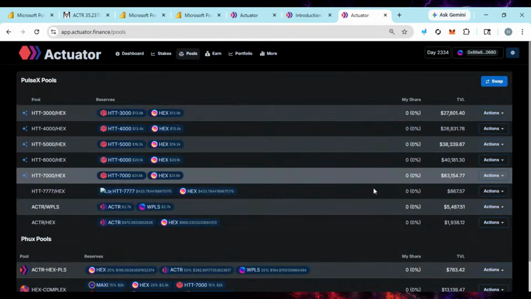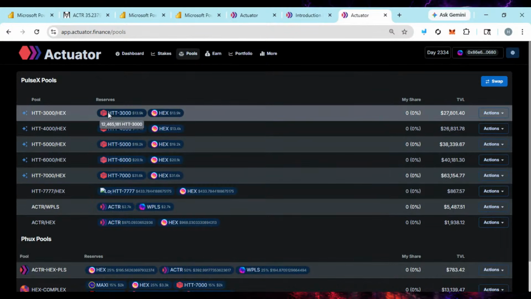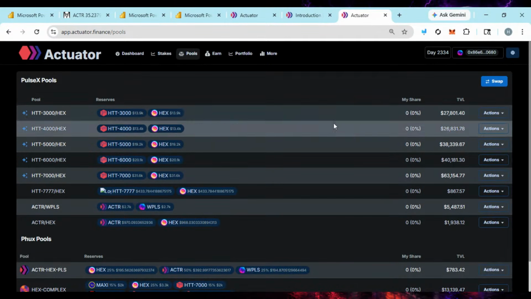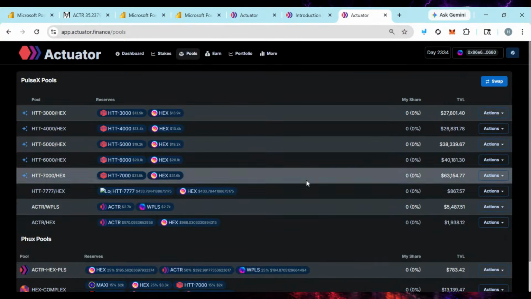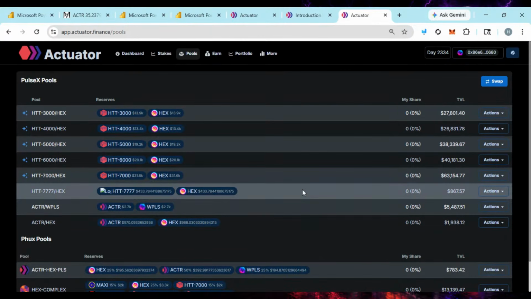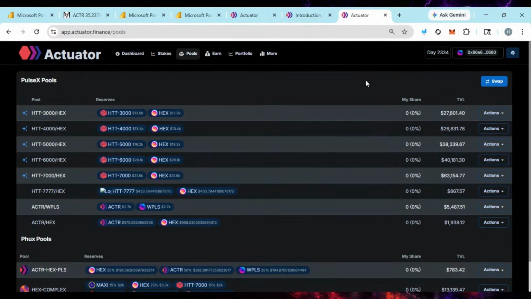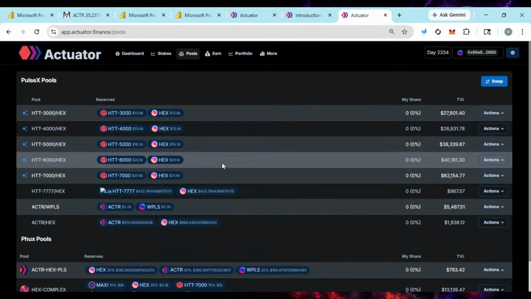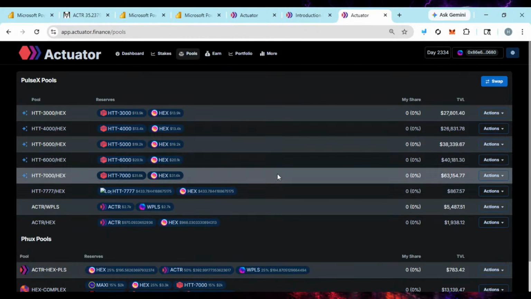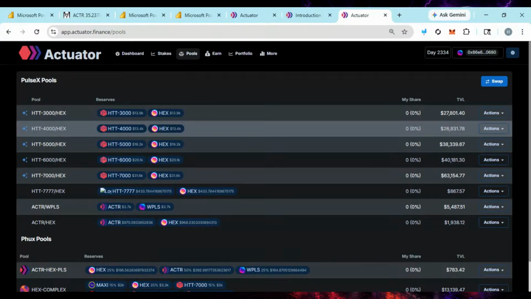You can come to their website, and it will tell you exactly what the pools are with HEX that are out there. Now, all liquidity is not listed here, right? These are the top liquidity pools that exist for the HTTs and for Actuator. So you have some PHEX pools. You've got primarily your PulseX pools out here, and it tells you the dollar values and all the rest.